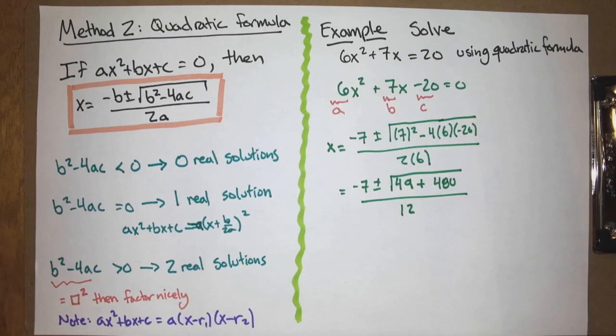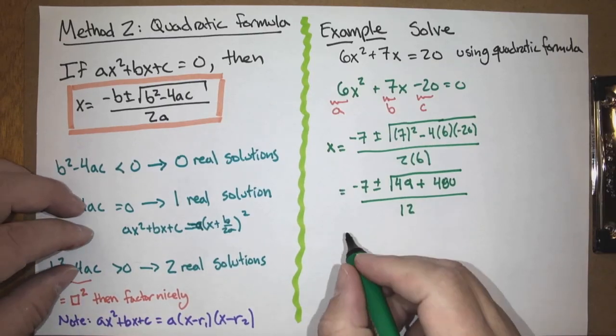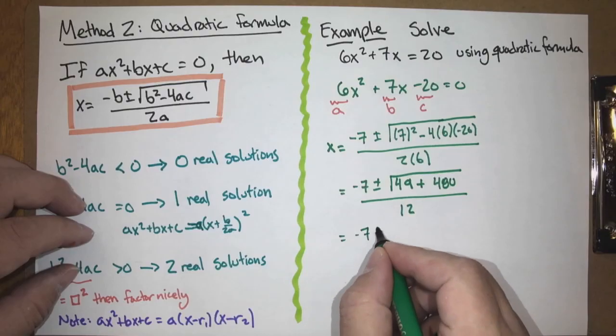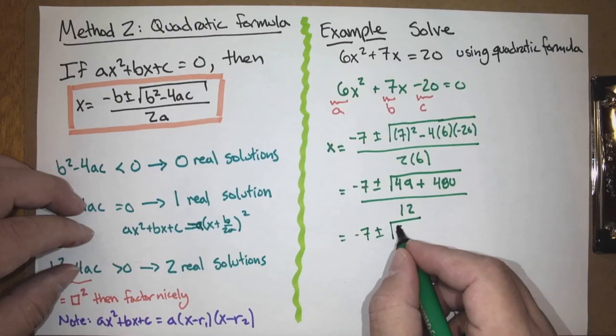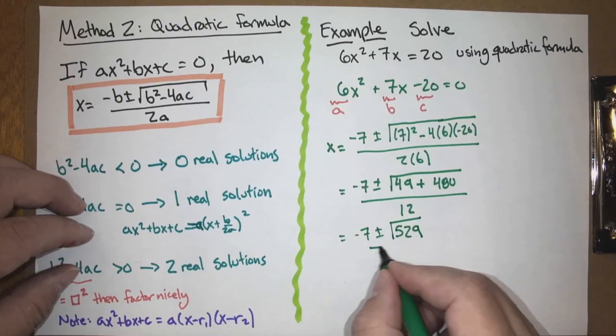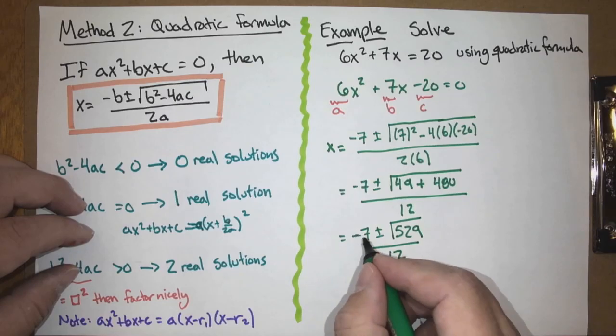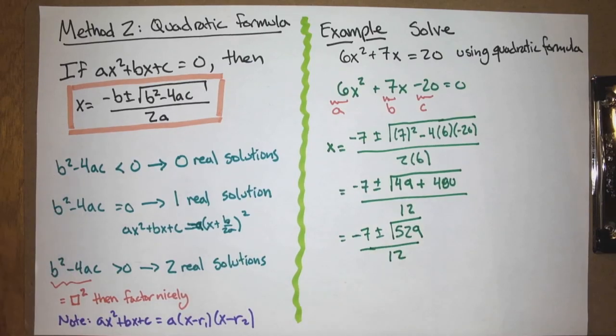All right, 49 plus 480. What does that become? Yeah, ask your calculator, 529. You're like, 529. But what do we do? When in doubt, ask your calculator.